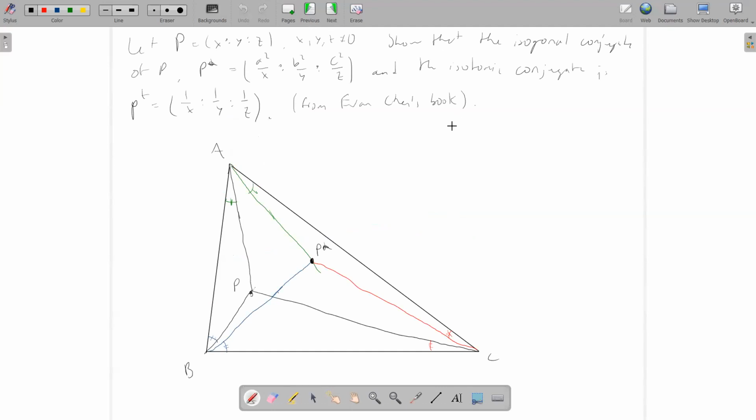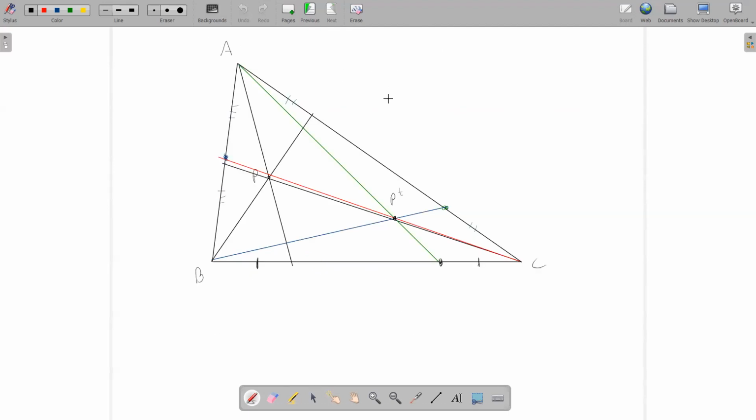Okay. We can discuss this now. I feel like isotomic is the easier example to discuss first. So I'll do this first, then go to isogonal. Suppose AP intersects side BC at D and the reflected line intersects at E. What do we know?